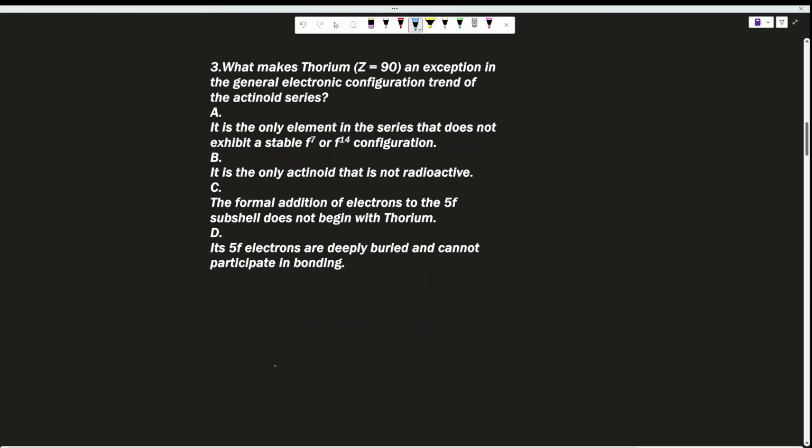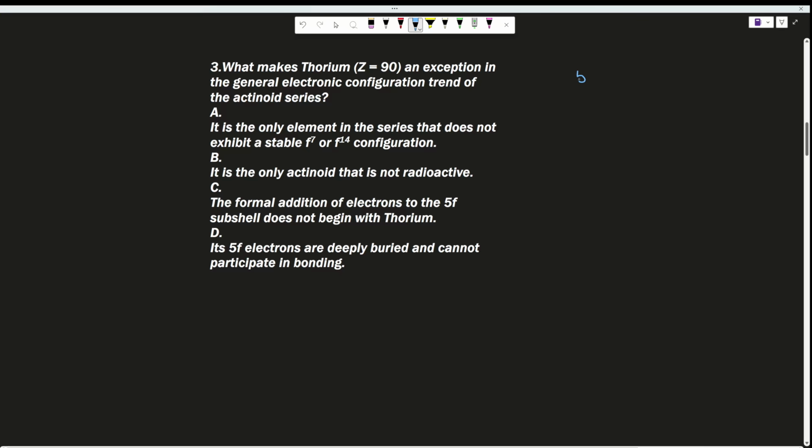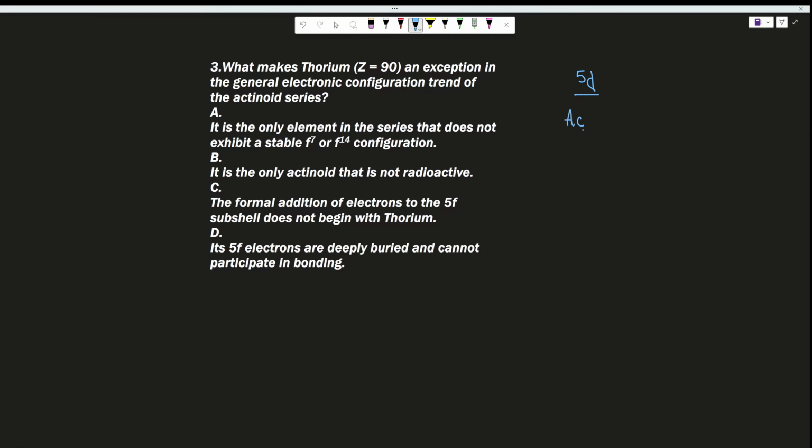What makes thorium an exception in the general electronic configuration trend of the actinoid series? When you consider actinoids, the 5f subshell has to be filled. The first one is actinium, which is a d block element, so the f orbital is not filled.